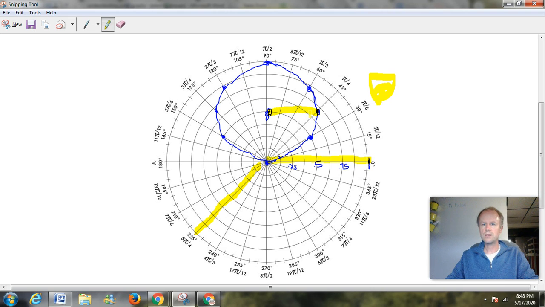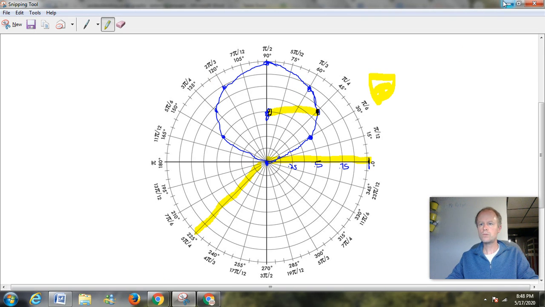So this length here of that radius is going to be half of this total length, so it's going to be 0.5. So you're going to want to remember that because we're going to do a little math in a minute with that polar equation, and I'm going to show you how that works with r equals sine of theta, or why that makes sense.